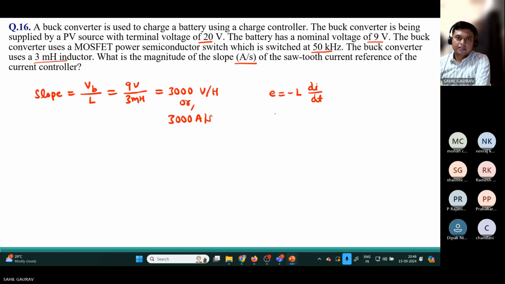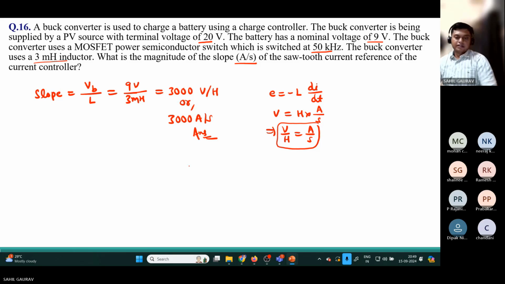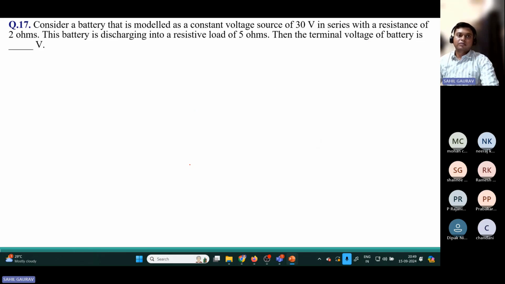So this is volt, this is henry, and this is ampere per second. So volt per henry equals ampere per second. So both units are the same. So 3000 ampere per second is the correct answer. Now let us see the next problem.